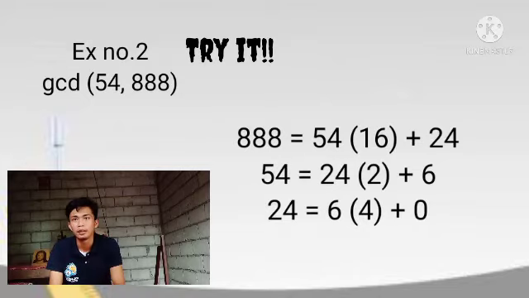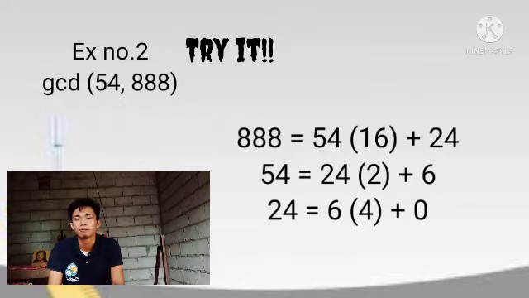Now let's divide. 88 divided by 54 is equal to 1. 1 times 54 is equal to 54. 88 minus 54 is equal to 34.